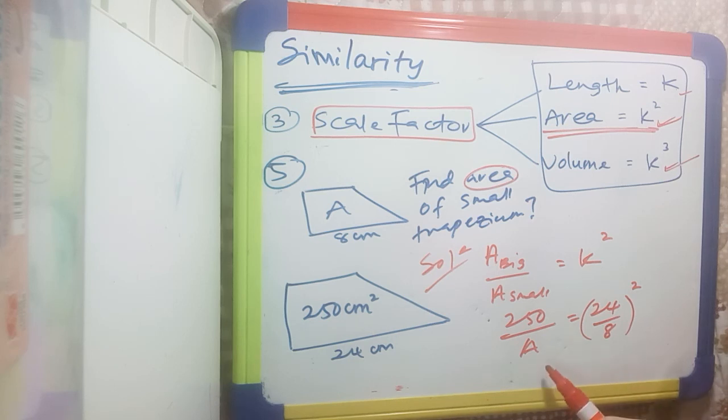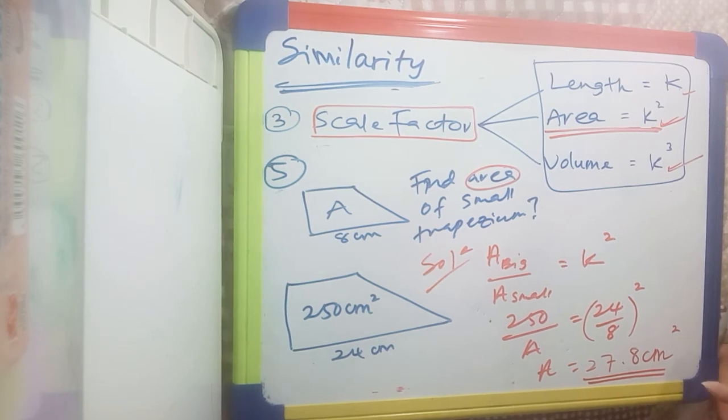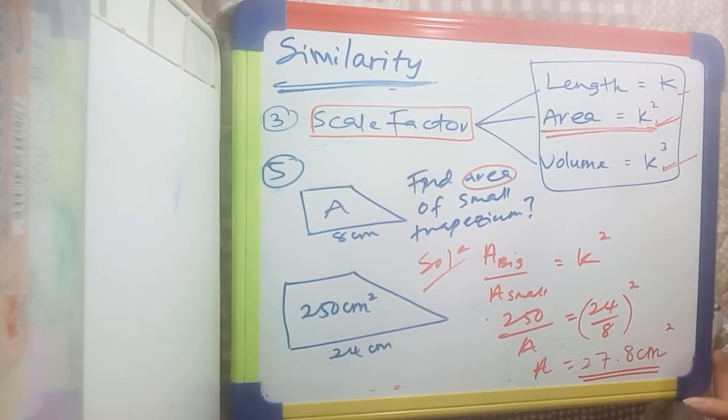So you rearrange, you calculate, you make A as a subject, so you will get 27.8 cm square. So this is the area of the small trapezium without using the formula of the trapezium. Use the scale factor.